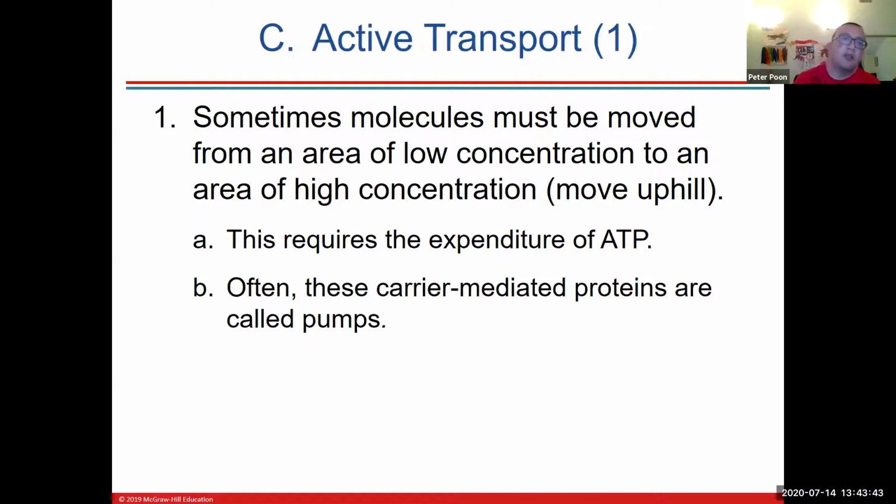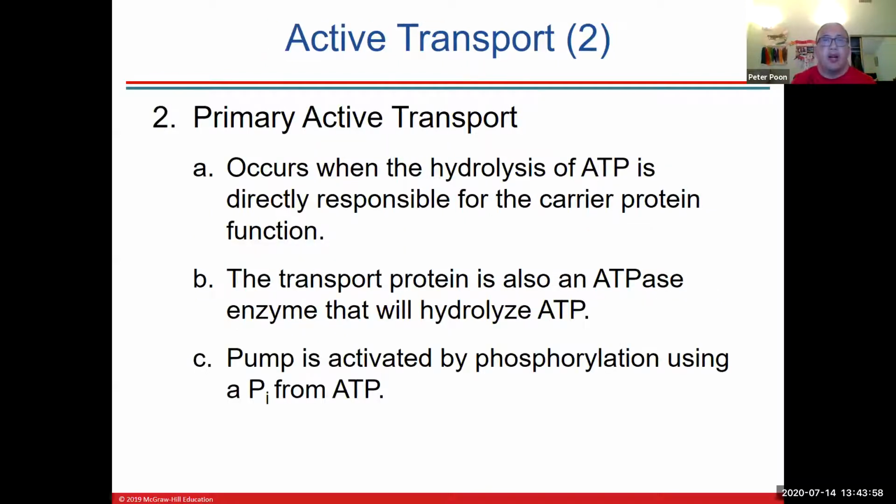Active transport. Molecules can move from low concentration to high concentration, but this always requires expenditure of ATP. Primary active transport occurs only when hydrolysis of ATP is directly responsible for the carrier protein function.